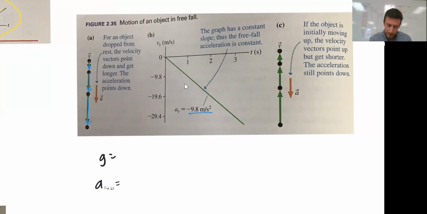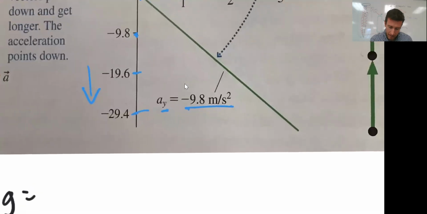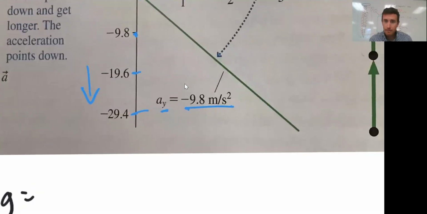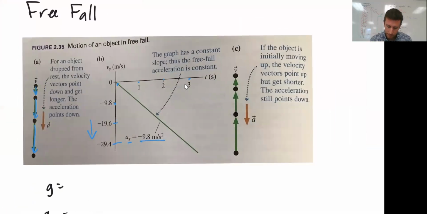You can graph this showing every second the velocity is going to get 9.8 meters per second greater in magnitude, but because it's going down, remember we said down was in the negative direction, we're going to say the acceleration in the y direction, the vertical acceleration, is negative 9.8 meters per second squared.